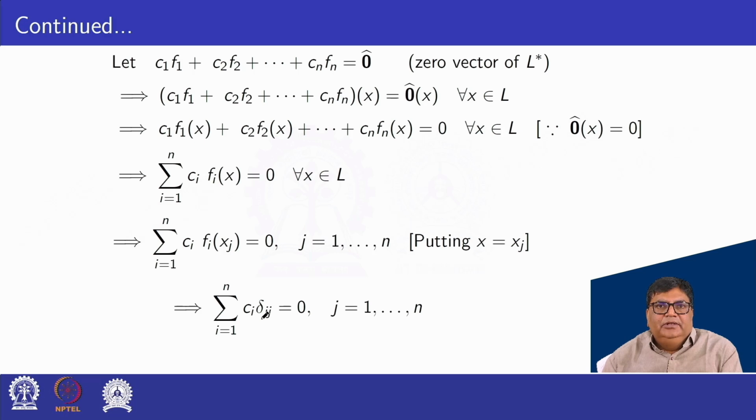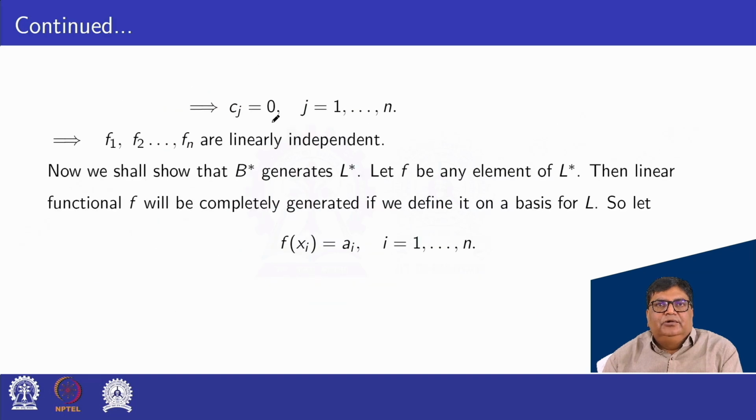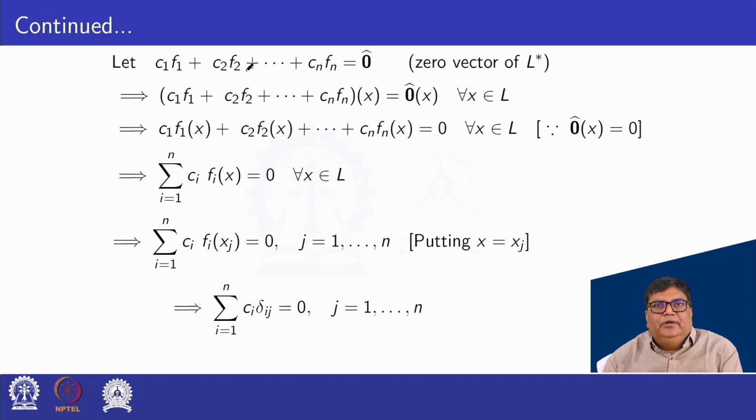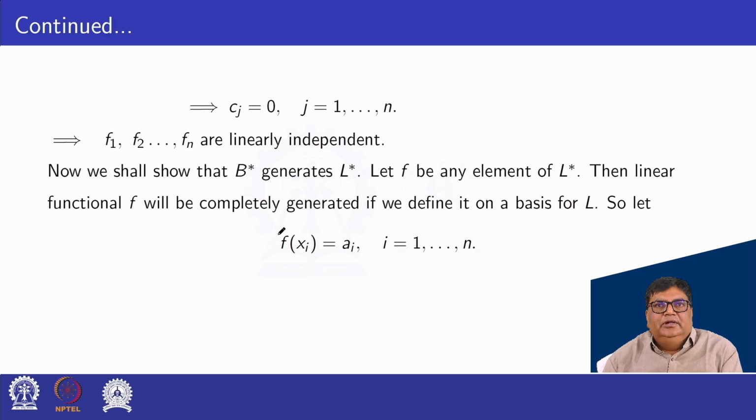So we have cj equal to 0, for j from 1 to n. This implies that f1, f2 and so on fn is linearly independent. Now we shall show that B star generates L star.